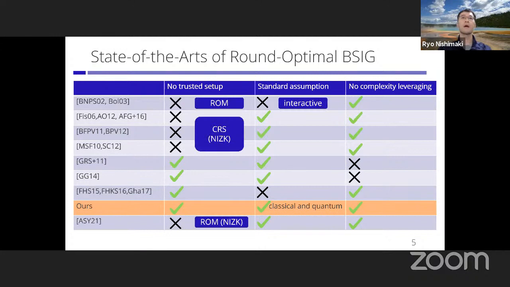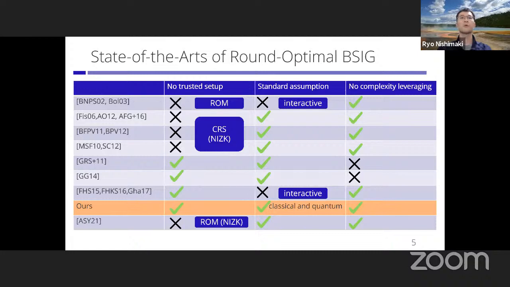Most of them rely on some trusted setup assumption, such as the common reference string model or random oracle model. Fischlin et al. and their follow-up works proposed round optimal blind signatures without trusted setup assumption by using interactive assumptions.